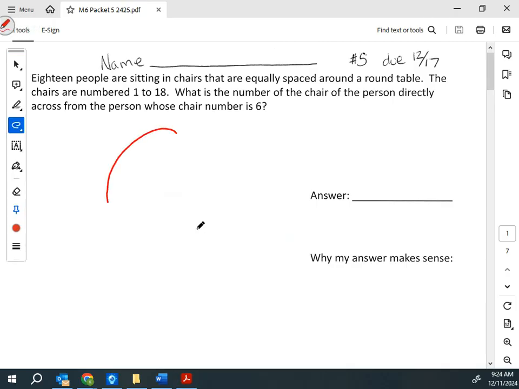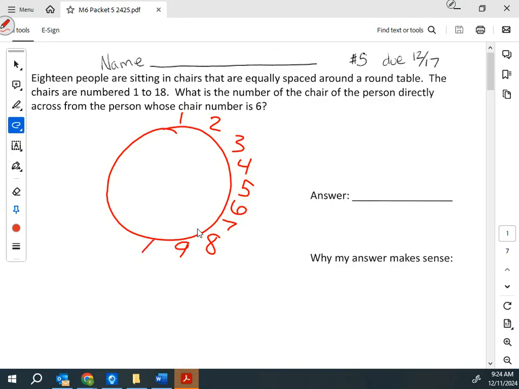So to solve this, we make our circle. We're going to number going around. We do our best to spread it out, but because we are drawing, we might not be spreading it out evenly.